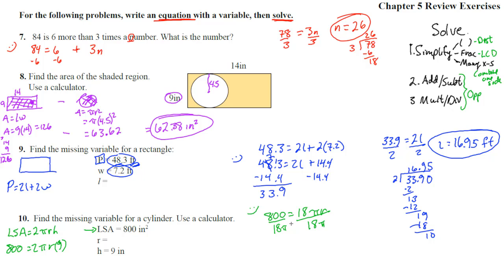And you have to make sure the 18 pi is in parentheses in the denominator when you punch it in your calculator, and we get r equals 14.147. Area is inches squared, height is in inches, so radius will be in inches. 14.15 inches. Good.